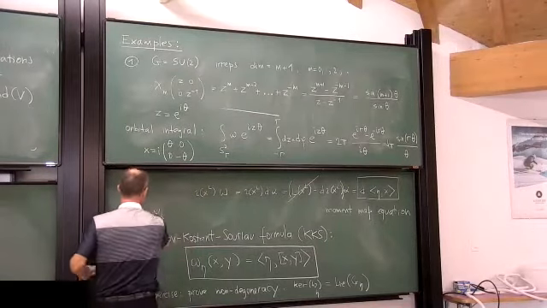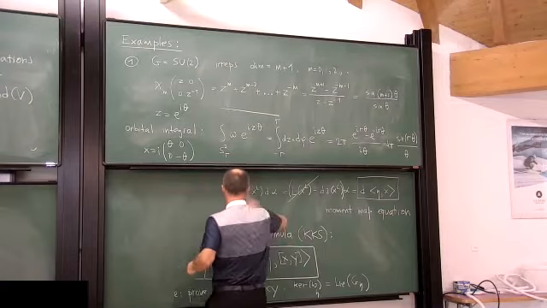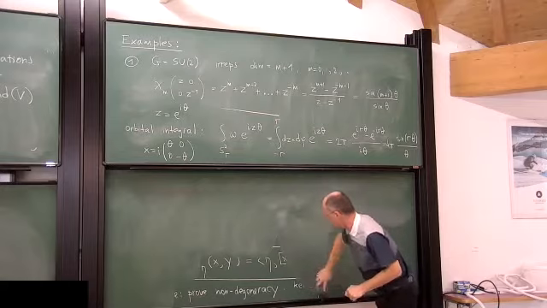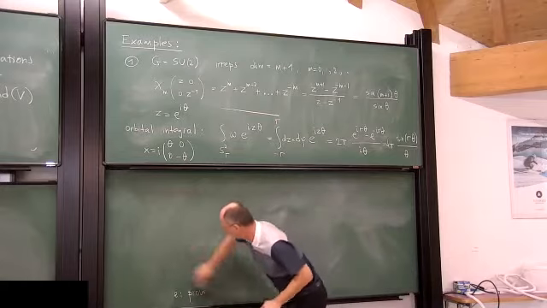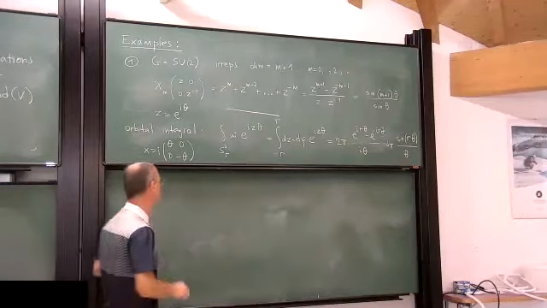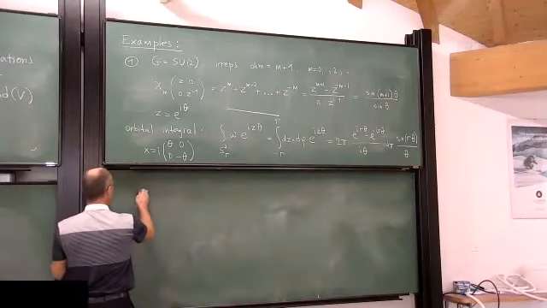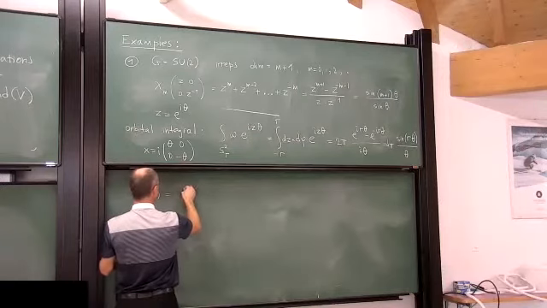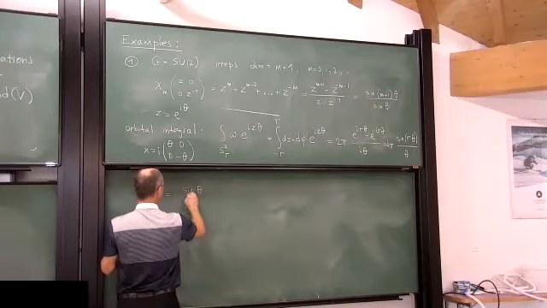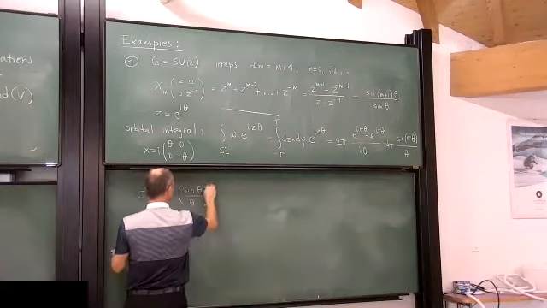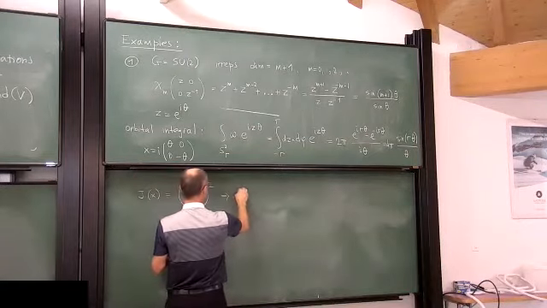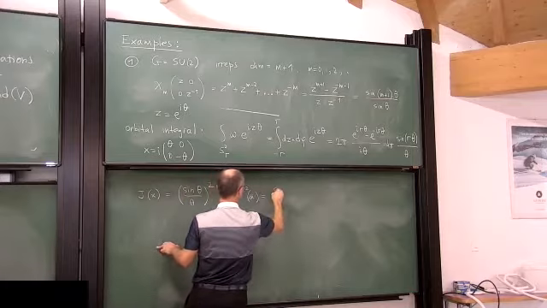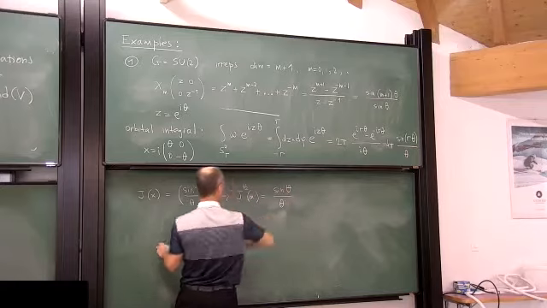Finally, I'll give you the answer for the j function. You can easily compute it yourself for these x. So the j of x function is equal to sine theta over theta squared, and so j to the 1/2 of x is sine theta over theta.